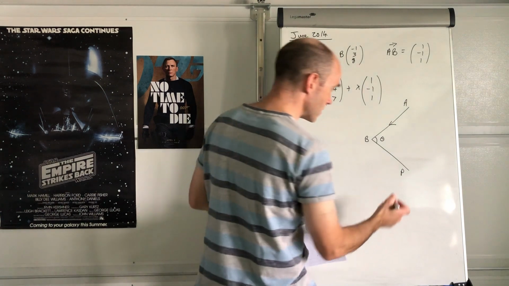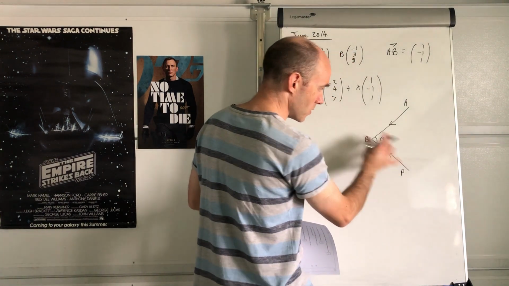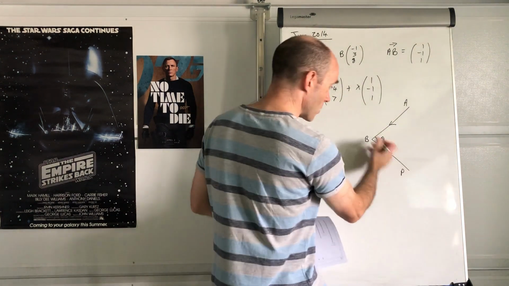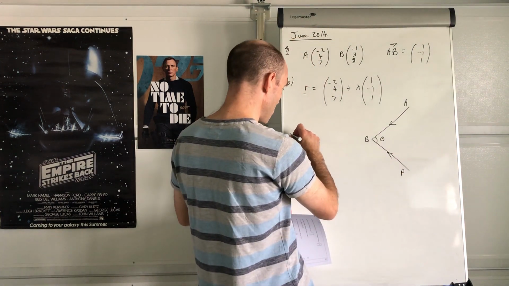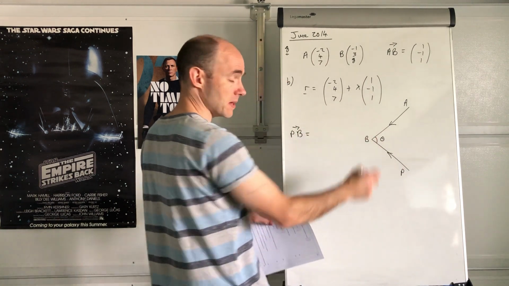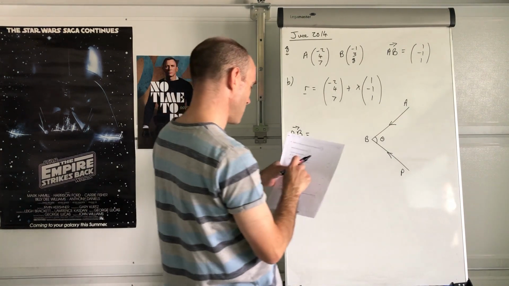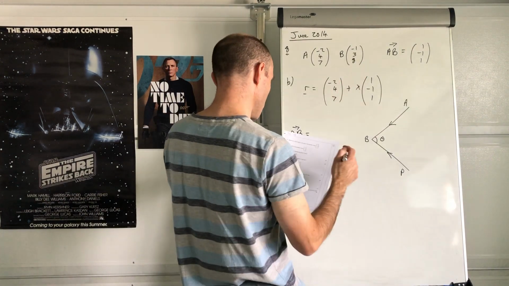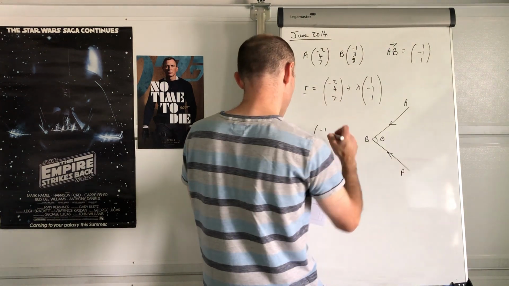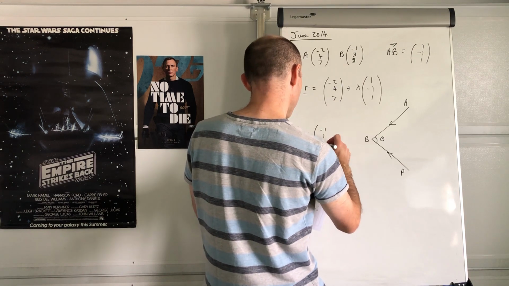And when that happens, the vectors either go towards the point of intersection or both away. Okay, that's really important, okay? So because it goes towards, we need to know what vector PB is.